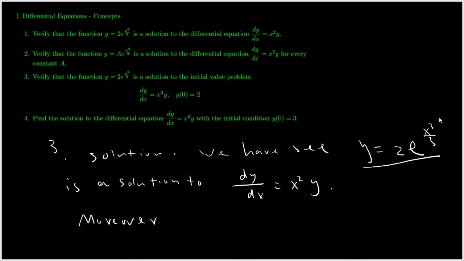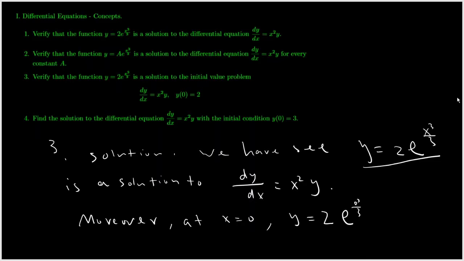So at x value of 0, you plug x value of 0 into that solution. The value of y is 2 times e to the power of 0. So the exponent is nothing but 0. If you want, you can write that as 0 cubed over 3.